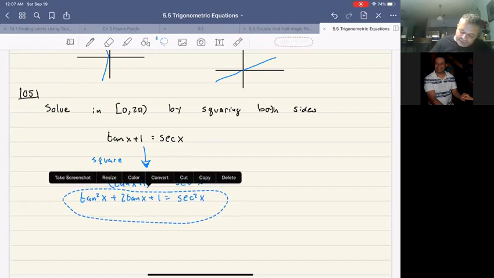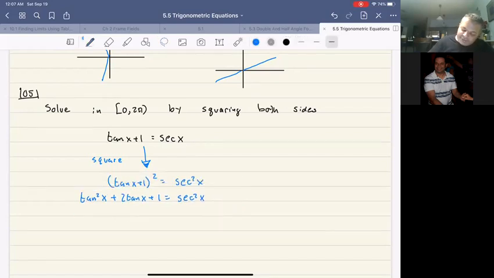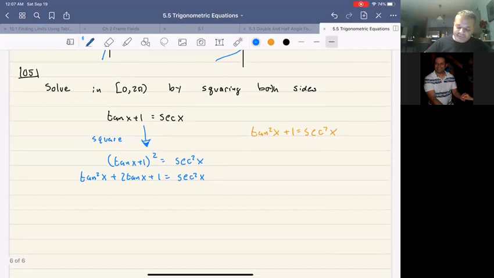Now you may or may not remember this identity: tan squared of x plus 1 equals secant squared of x. But I remember it, so I'm using it, and I know I've taught it to you guys. Okay, that's one of the Pythagorean identities.